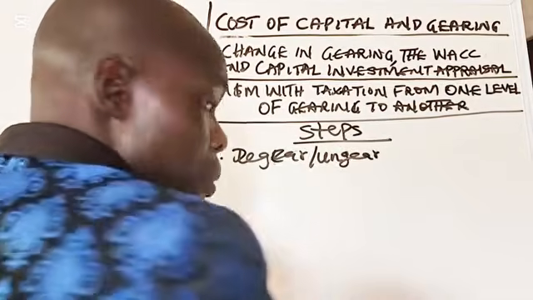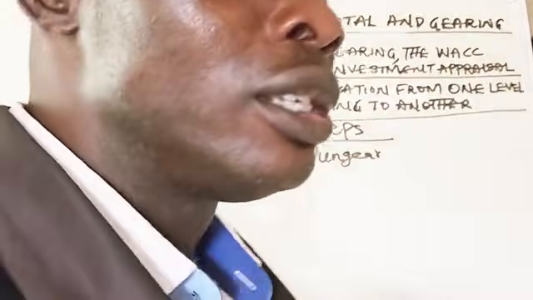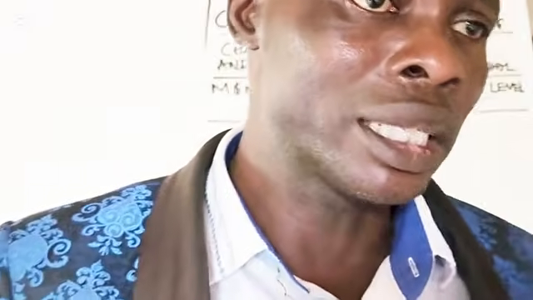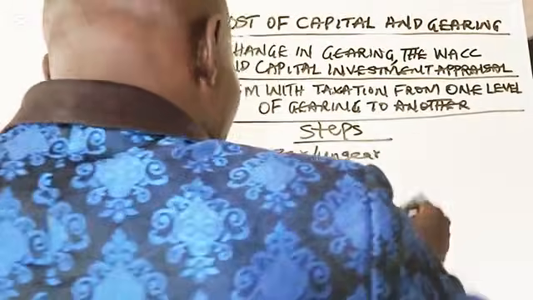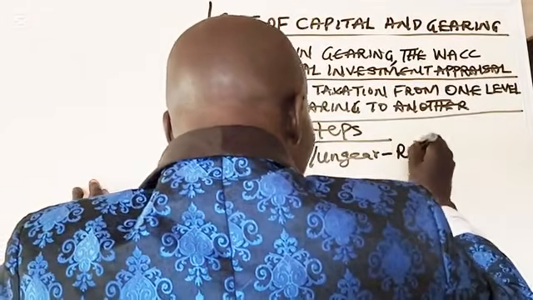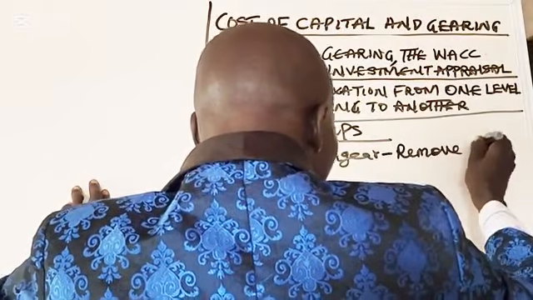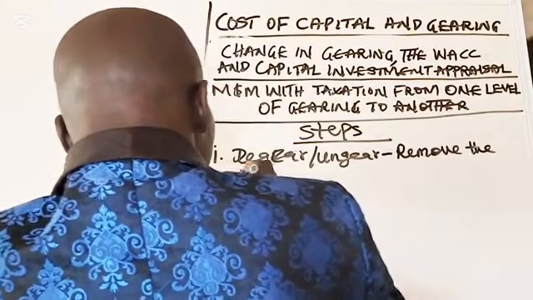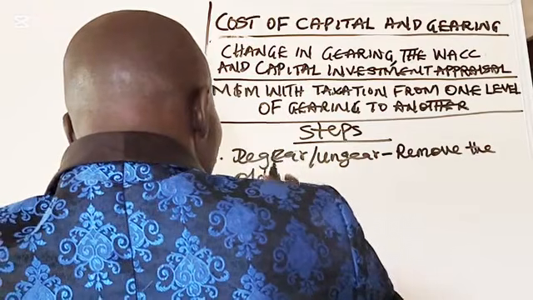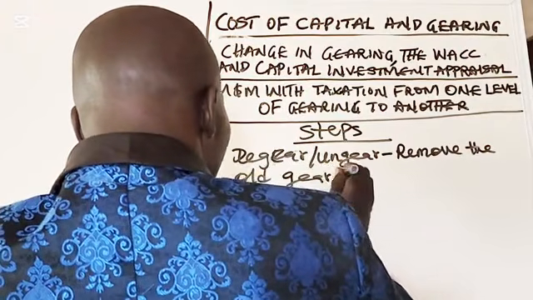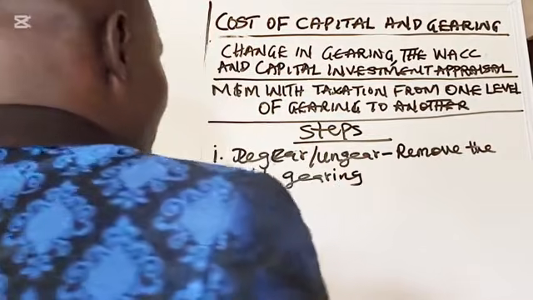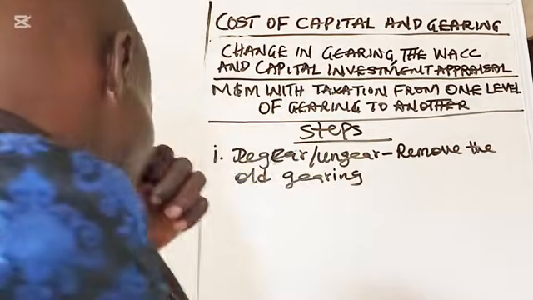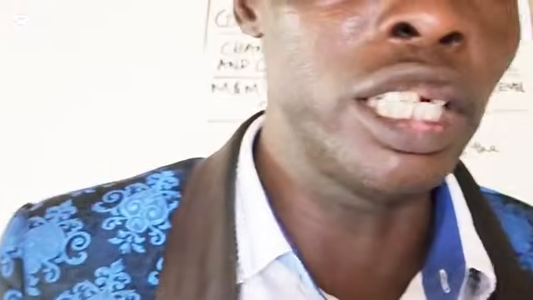That is, you find business risk. That is, you remove the old gearing. That is the meaning of de-gear. Remember, gearing can change, but business risk cannot change.